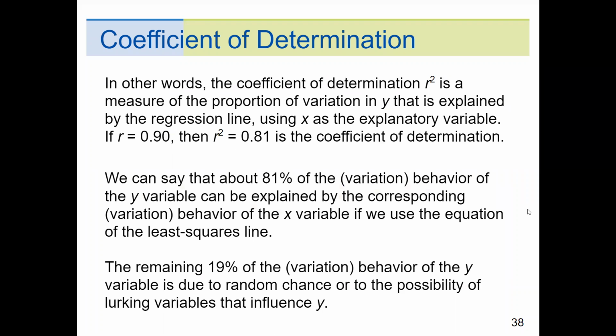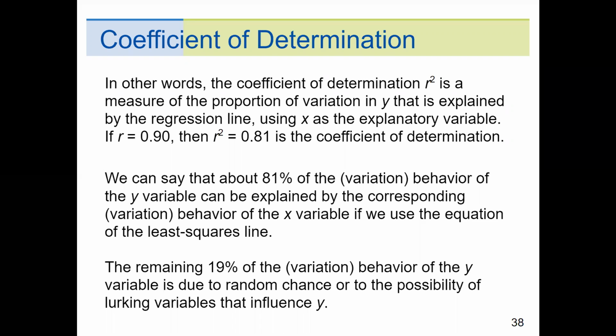In other words, the coefficient of determination r squared is a measure of the proportion of variation in y that is explained by the regression line using x as the explanatory variable. With r equal to 0.9, r squared equal to 0.81 is the coefficient of determination.